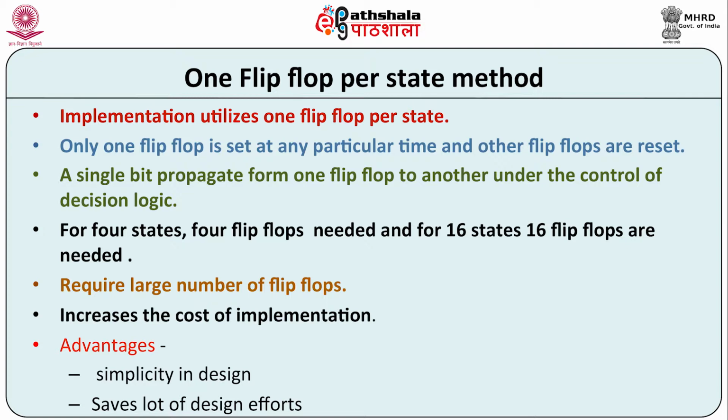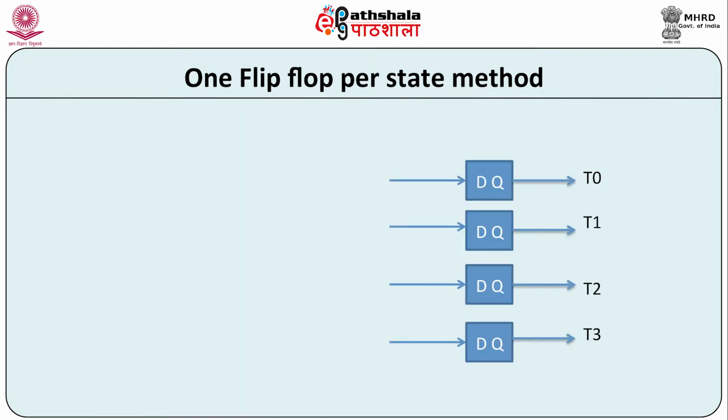This type of control logic can be designed by inspection of state diagram, which describes the control sequence. It also saves lot of design efforts, increases simplicity and reduces number of combinational circuits required as compared to traditional design approach. Figure indicates control logic with one flip-flop per state method.